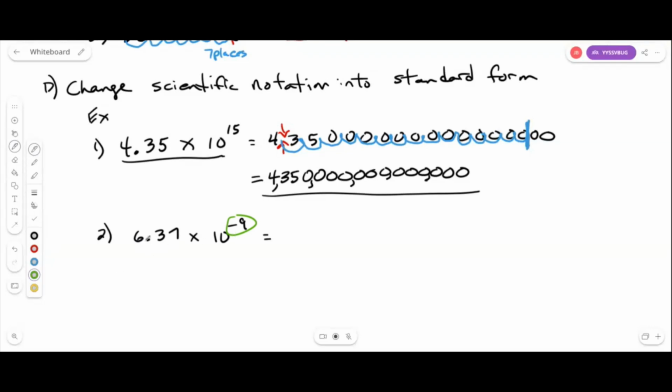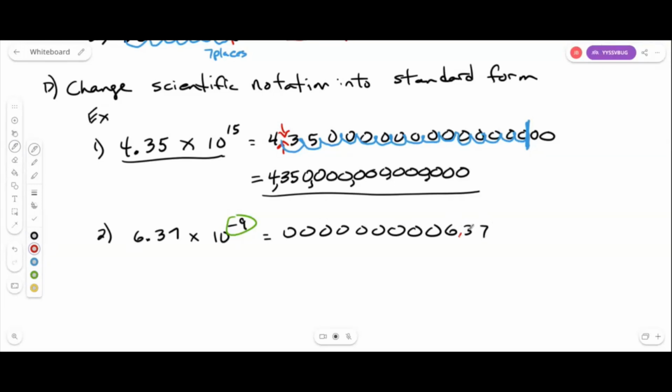And the only way to make 6.37 get smaller is to move the decimal place to the left. So I know I need at least 9 zeros. So I'm going to write 0, 0, 0. That's 3, 4, 5, 6, 7, 8, 9, 6, 3, 7.